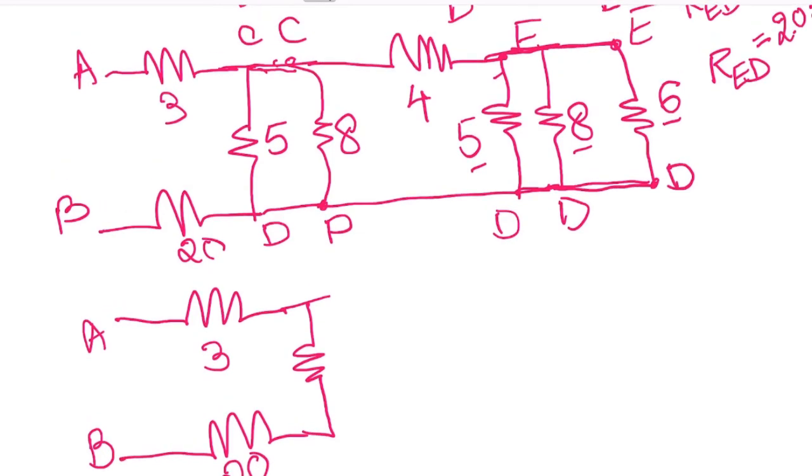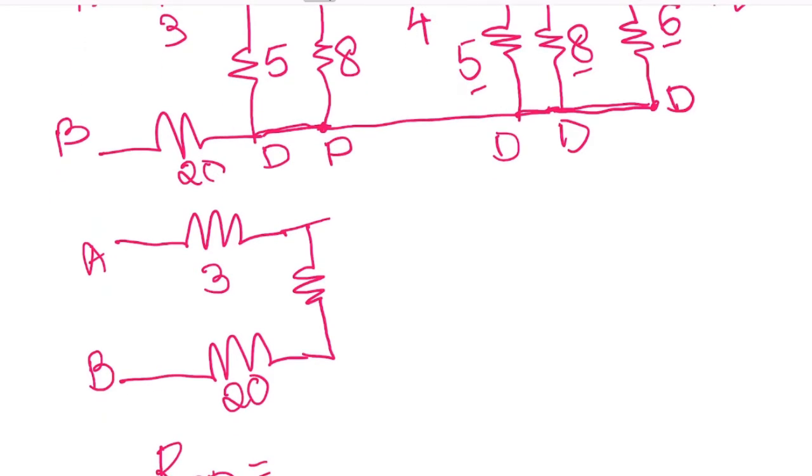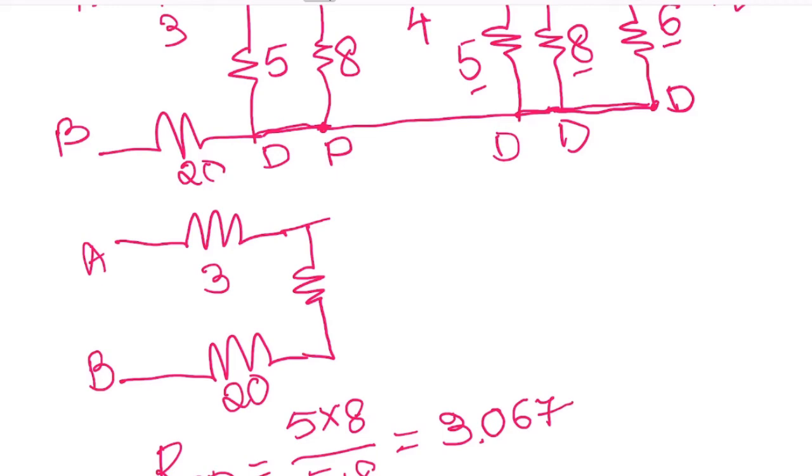Because the starting points are the same, that is C, and the ending points are the same, that is D. So 5 into 8 by 5 plus 8, because if two resistances are connected in parallel, then R1 R2 by R1 plus R2, that comes as 3.0679 ohms.